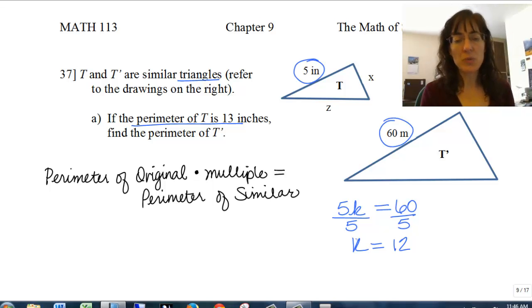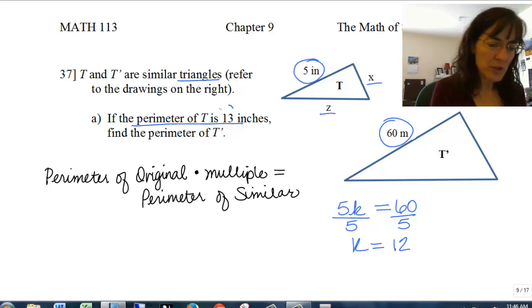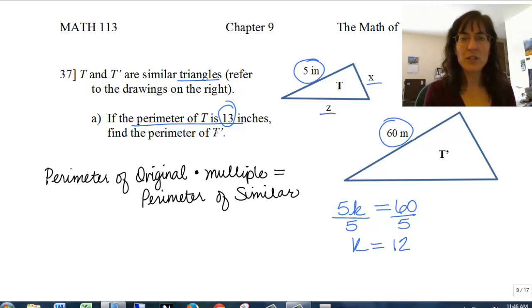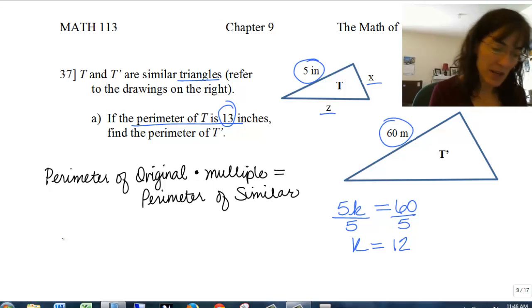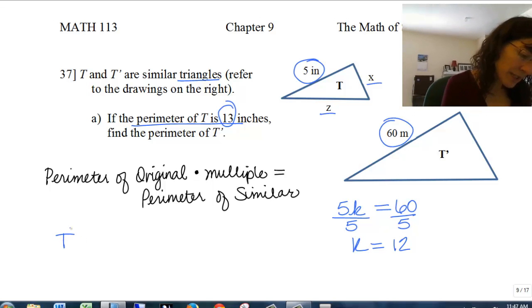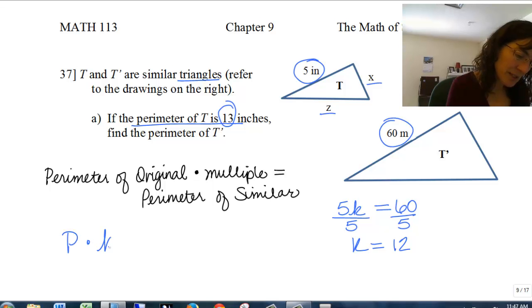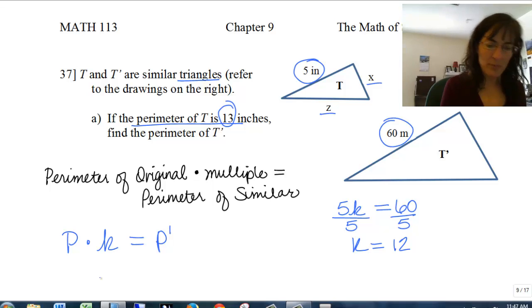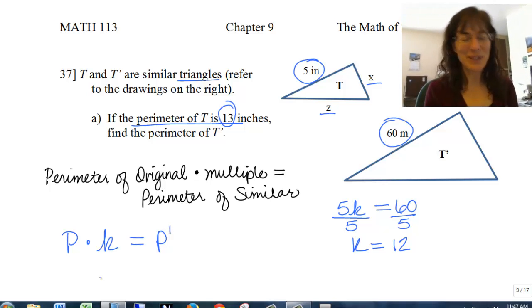So I don't have to know what X is, I don't have to know what Z is. All I have to know is that 13 inches is the perimeter of T, and then I can say perimeter of T, which we were calling a P, right? So P times K will give me P prime. That's what we figured out a minute ago. So let's try it.